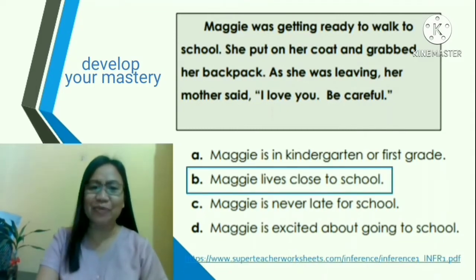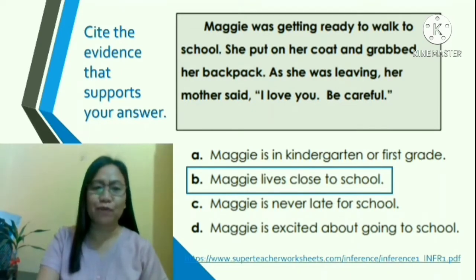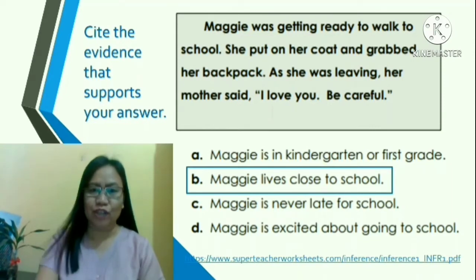Correct? It's letter B. Maggie lives close to school. And now, for us to know whether the answer is correct or not, we have to cite the evidence that supports our answer. So, which of the sentences in the passage gives proof to letter B, which says Maggie lives close to school?